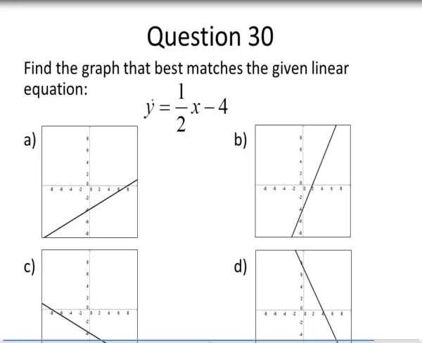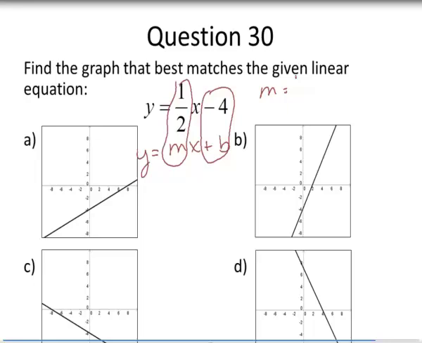Do you guys remember how to do something like this? No? Well, this is in slope-intercept form, right? Which is y equals mx plus b. So let's identify the m here. The m is a half, right? Because it's the number in front of the x. And the b is negative 4, which is what's added to the x.